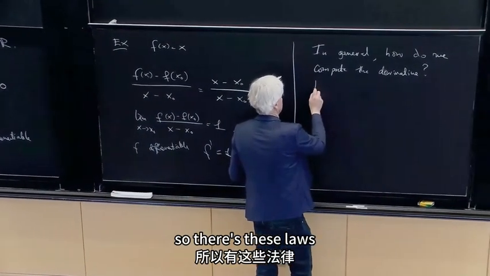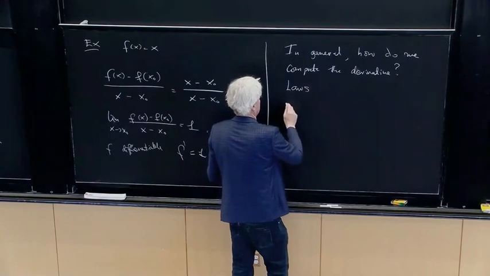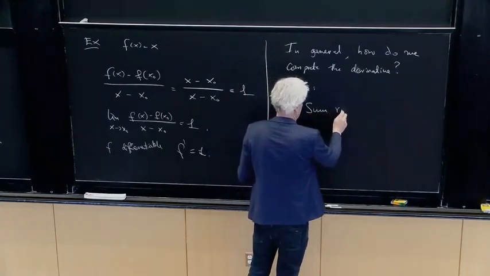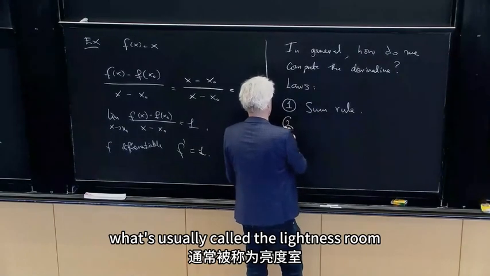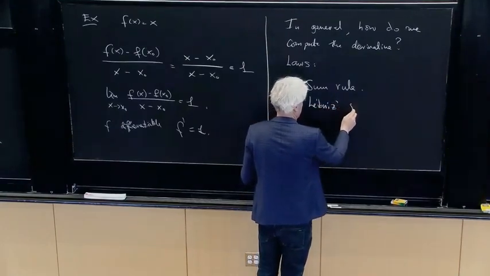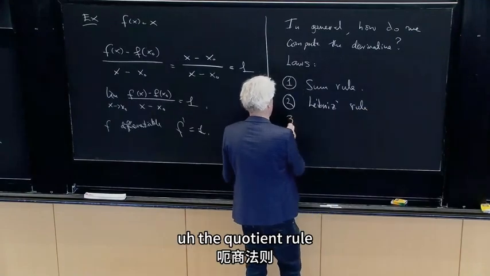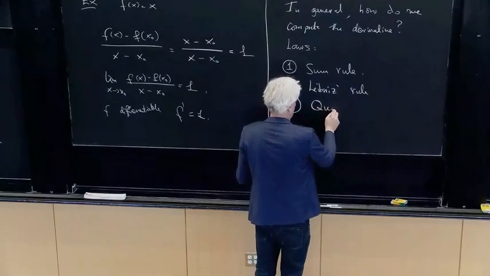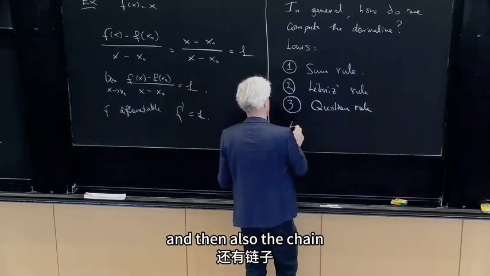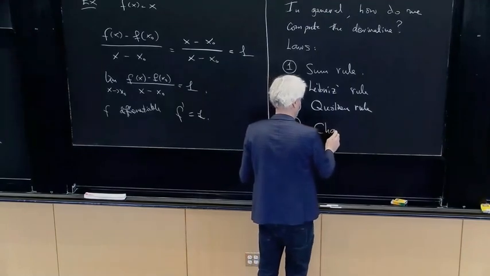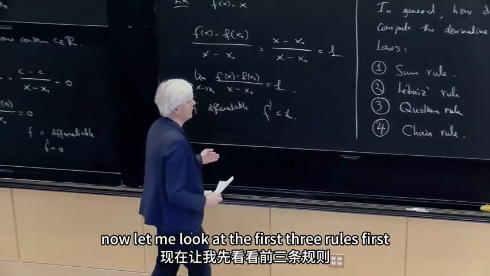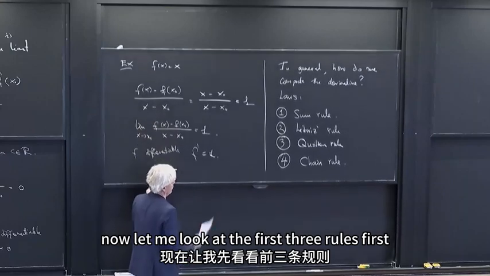So there are these laws: the sum rule, what's usually called the Leibniz rule, the quotient rule, and then also the chain rule. Okay.